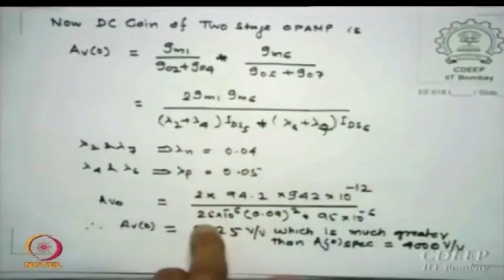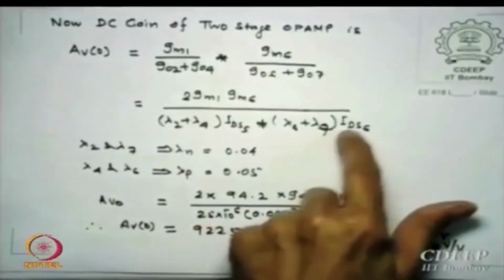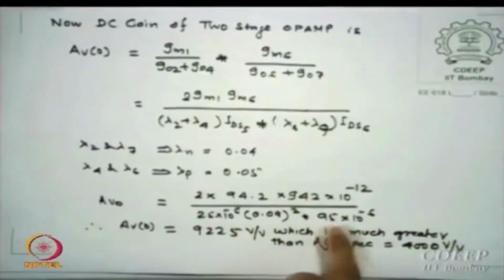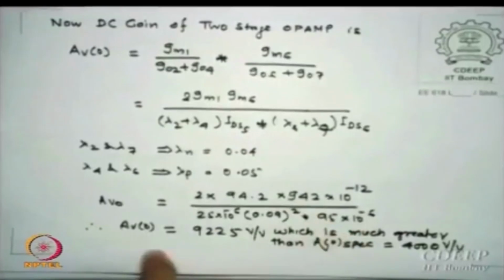This IDS is 25 microamps, IDS6 is 95.8 but just put 95 microamps, so AV0 comes out to be 9225 volt per volt. How much gain did we get? 9000. What was expected? 4000, which is far away.